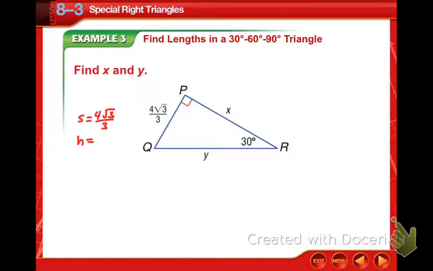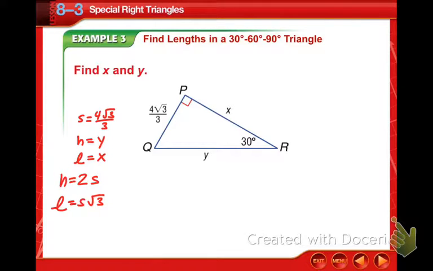H is equal to y. L is equal to x. Since we have S, we're going to use the 2 original formulas: H is equal to 2S, and L is equal to S square root 3. So those are the 2 formulas we're about to use.